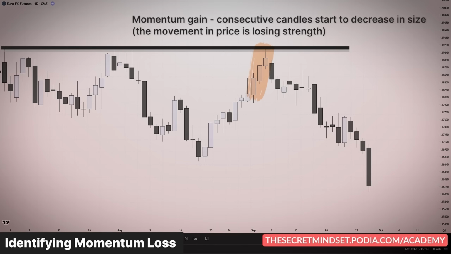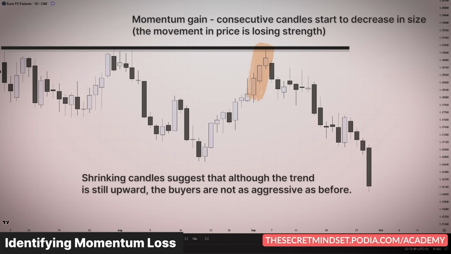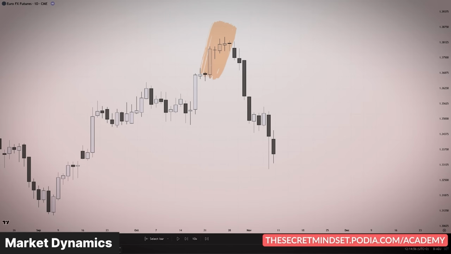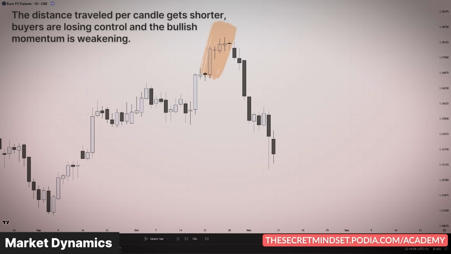If you observe that after a series of large bullish candles, the candles begin to shrink in size, it could be a warning sign. Shrinking candles suggest that although the trend is still upward, the buyers are not as aggressive as before. The distance traveled per candle gets shorter, signaling that the buyers are losing control, and the bullish momentum is weakening.